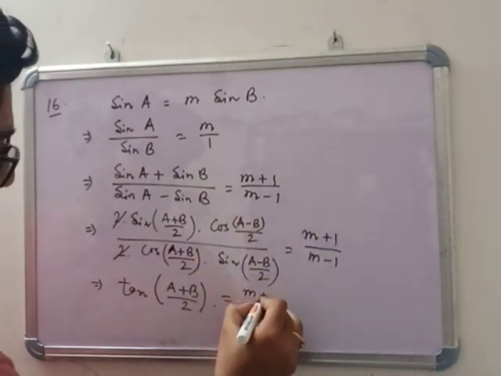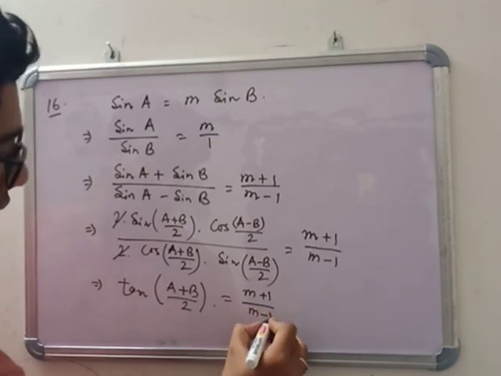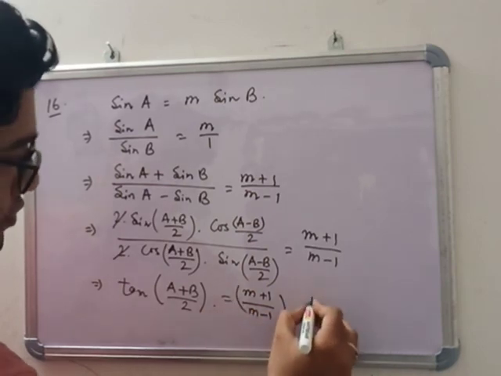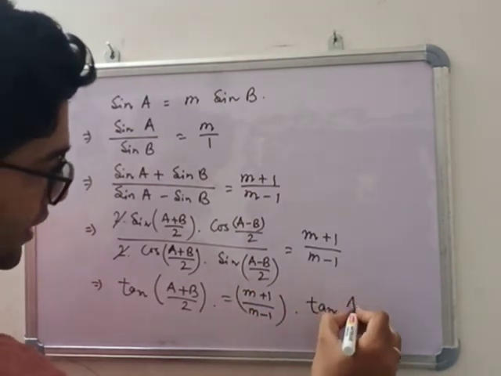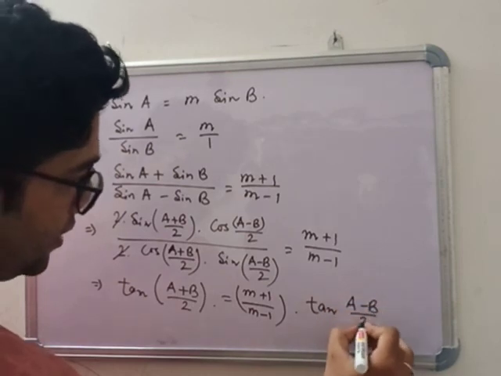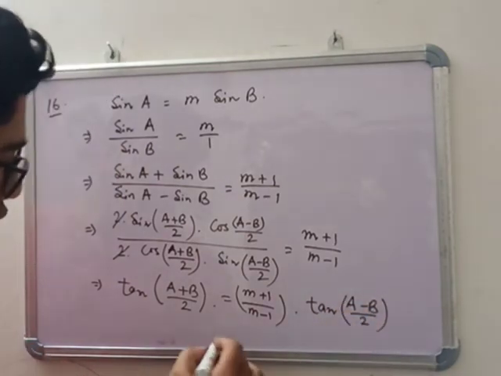So m plus 1 by m minus 1 into tan A minus B by 2. Okay.